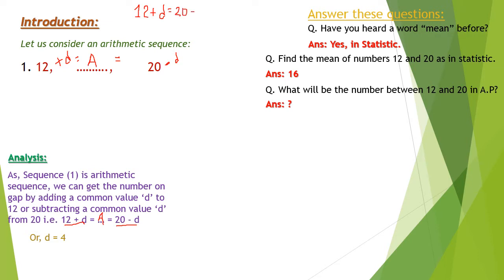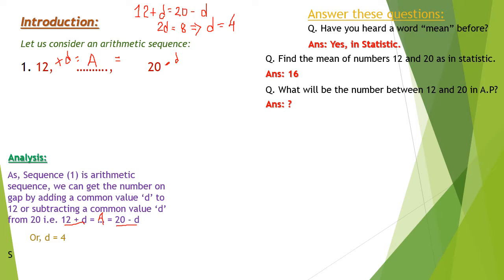Now d plus d is 2d, and 20 minus 12 is 8. So our value of d will be 4.